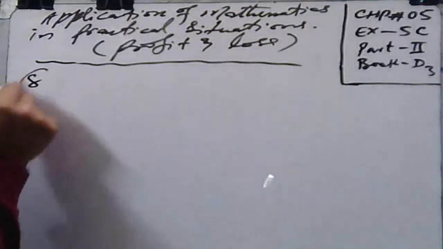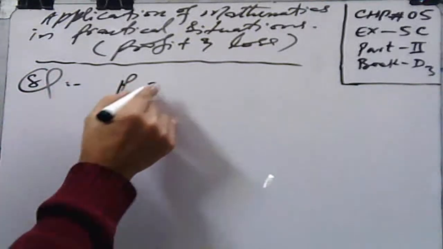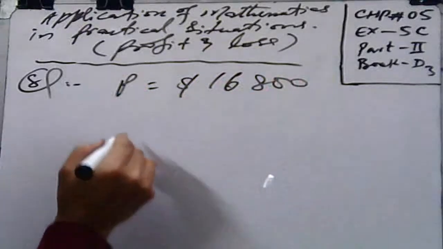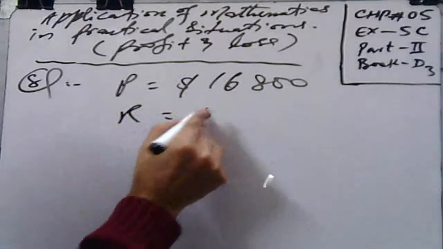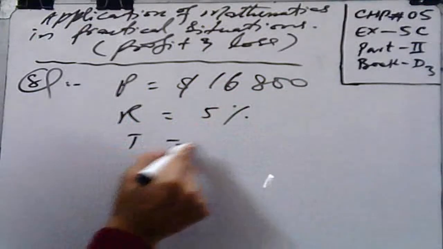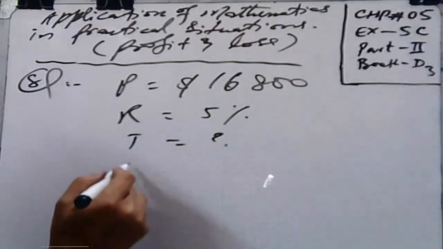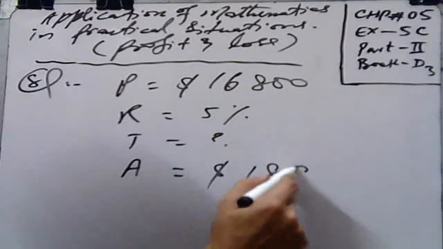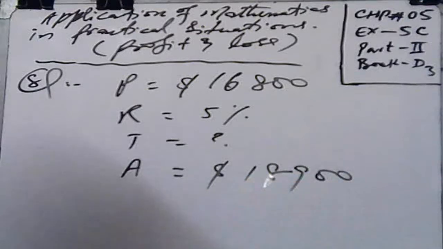Very simple. In question number 8, you have been given principal amount, that is $16800 and rate of interest 5%, time period we have to find, and amount is given to us, that is $18,900. As we have a formula of simple interest, that is PRT divided by 100.